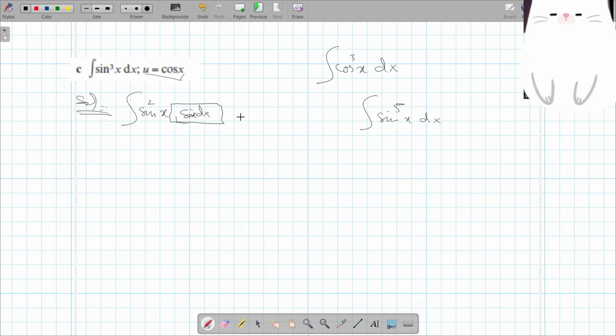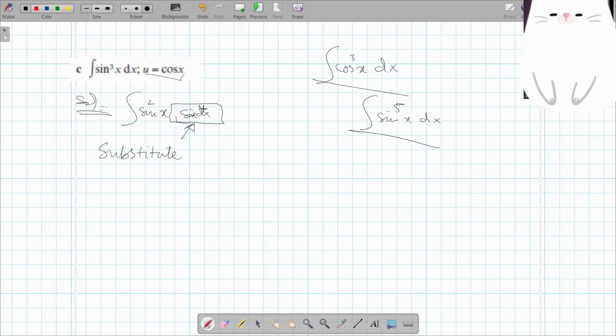All odd powers of sine and cosine can be dealt with similarly. Now substitute.